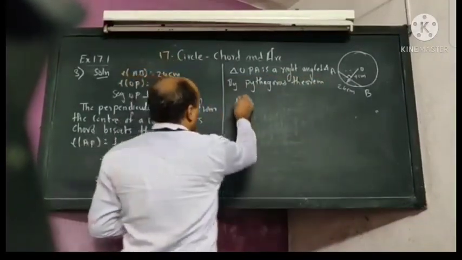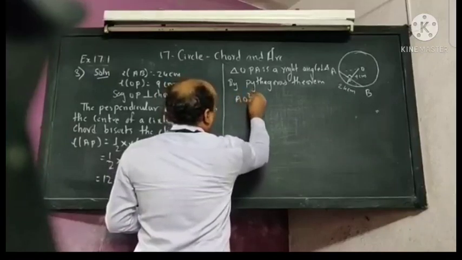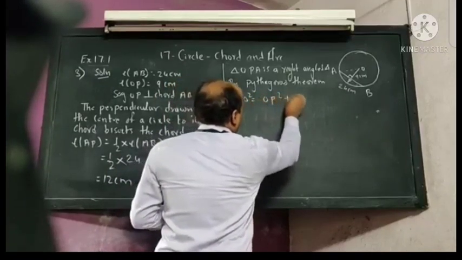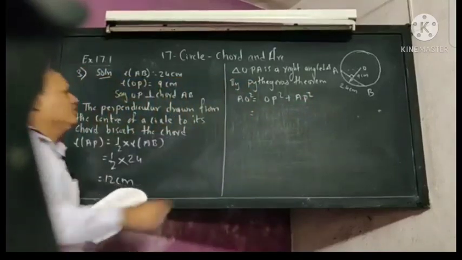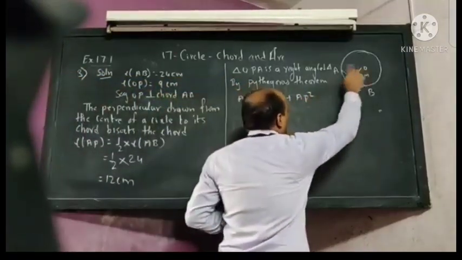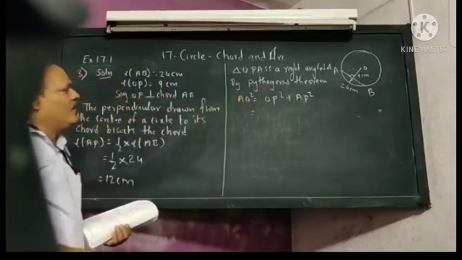That means AO square is equal to OP square plus AP square. OA is the hypotenuse, so the side opposite to 90 degrees we call the hypotenuse. OA square is equal to OP square plus AP square.